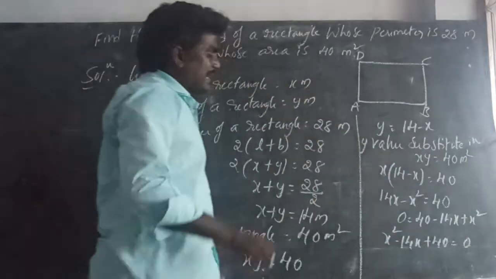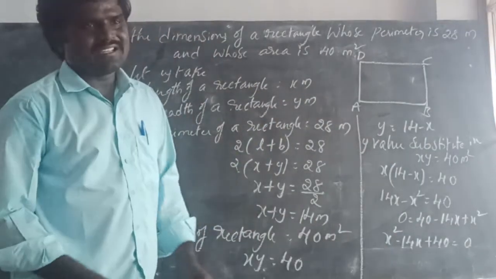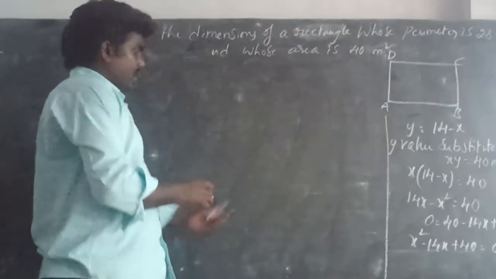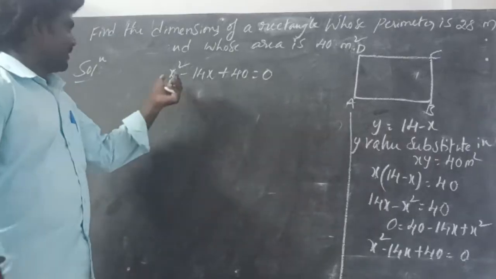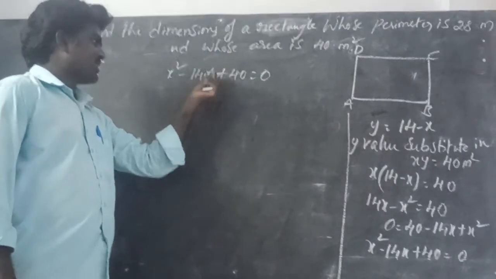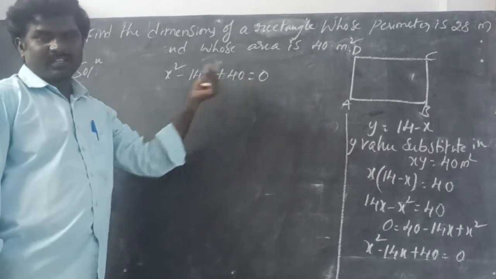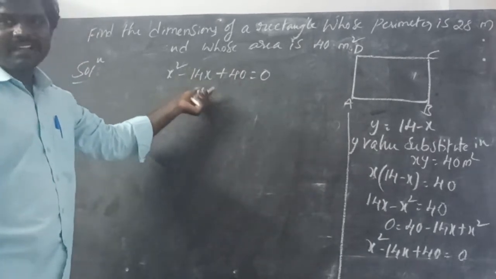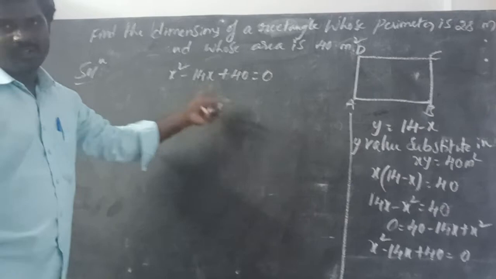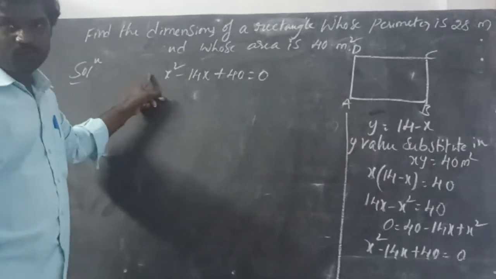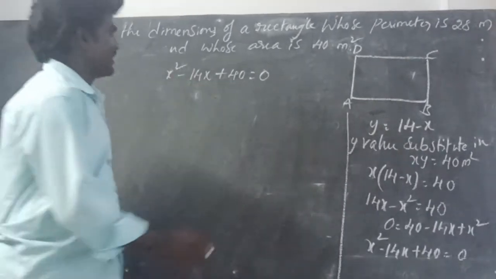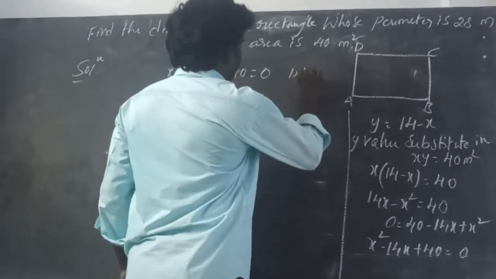It is a non-algebraic identity expression: x square minus 14x plus 40 is equal to 0. The x square coefficient is 1. The constant is 40, so 1 into 40 is 40.